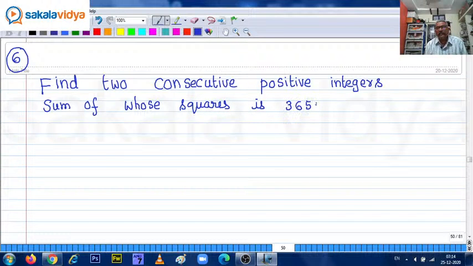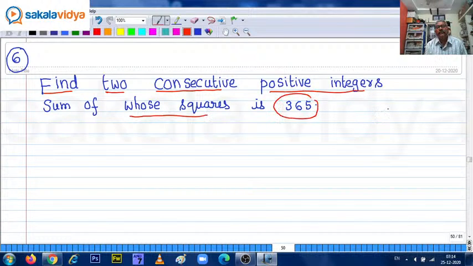This is the question. So now we need to find two consecutive positive integers, sum of whose squares is 365.